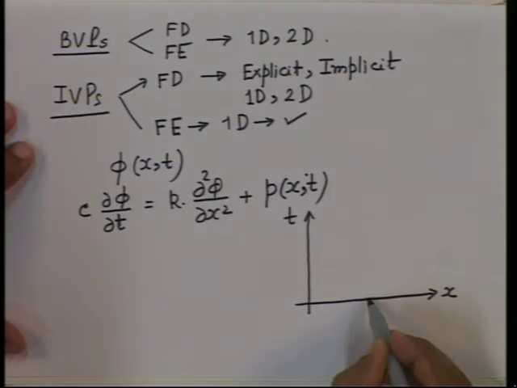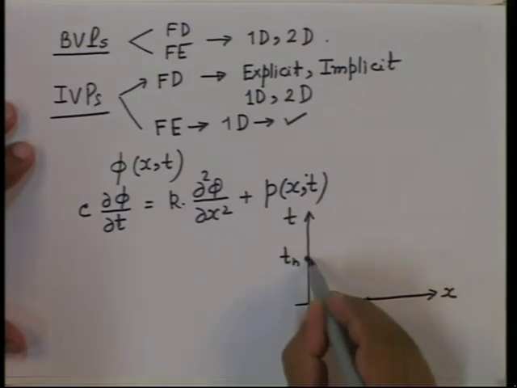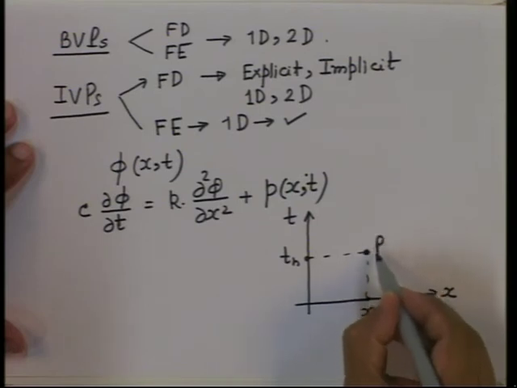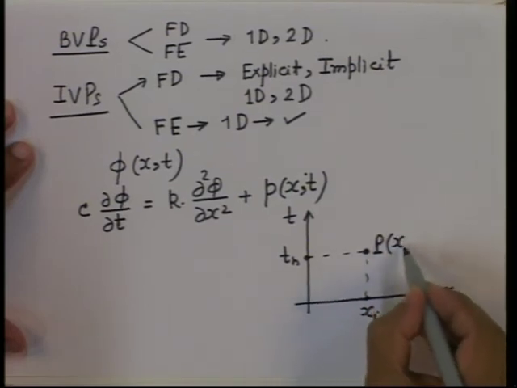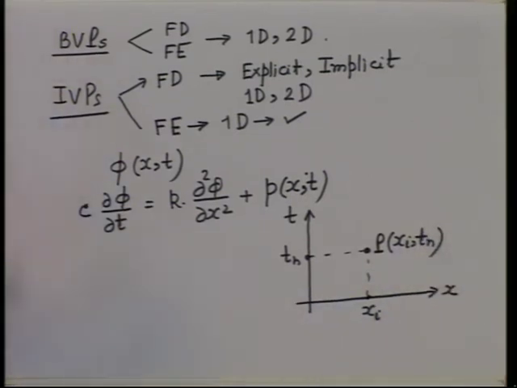Earlier we took a point with coordinates x i and t n, a general point P in time and space, and we discretized both time and x dimensions simultaneously by finite differences.